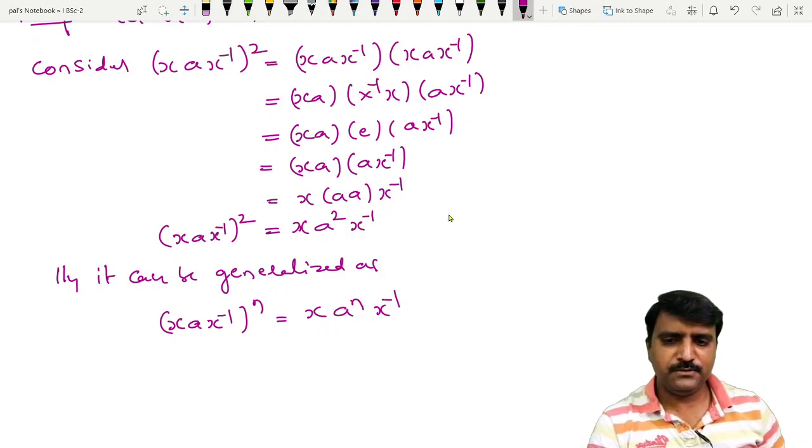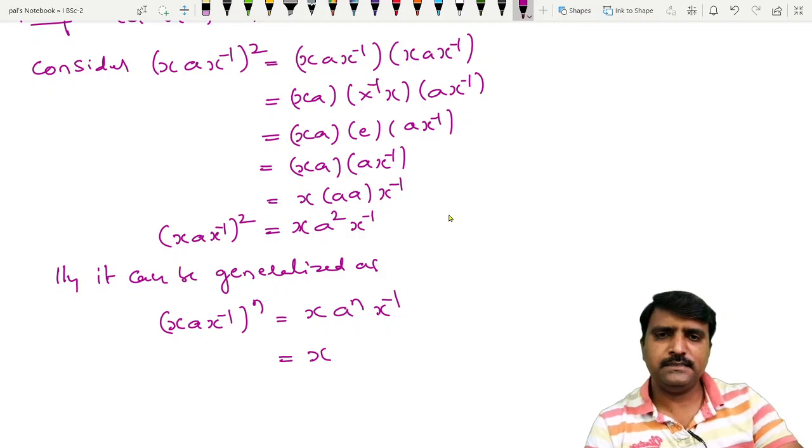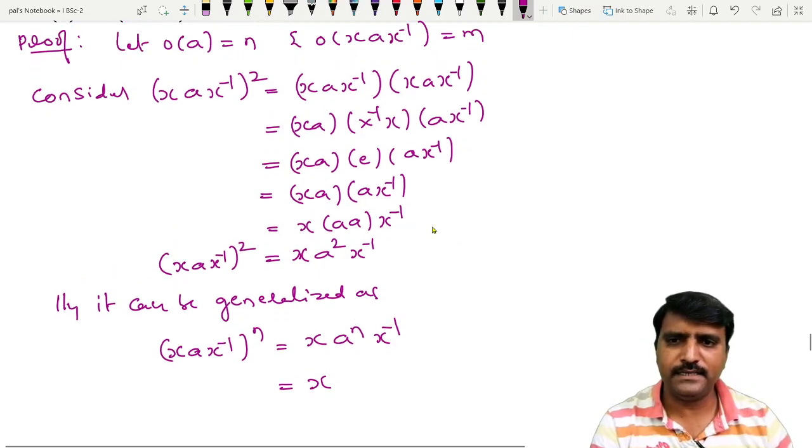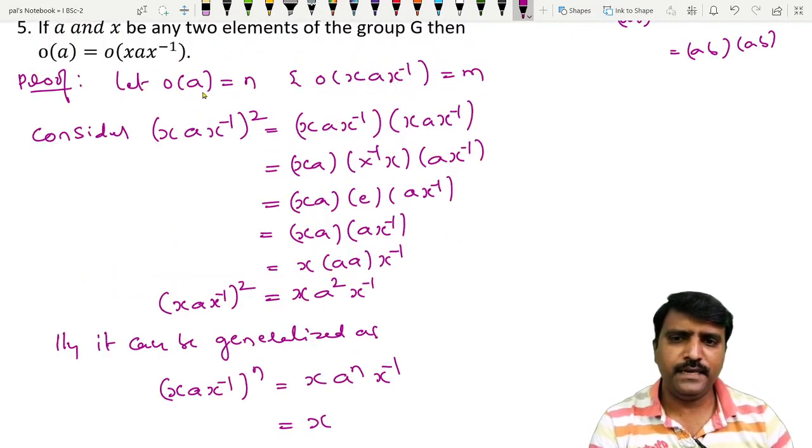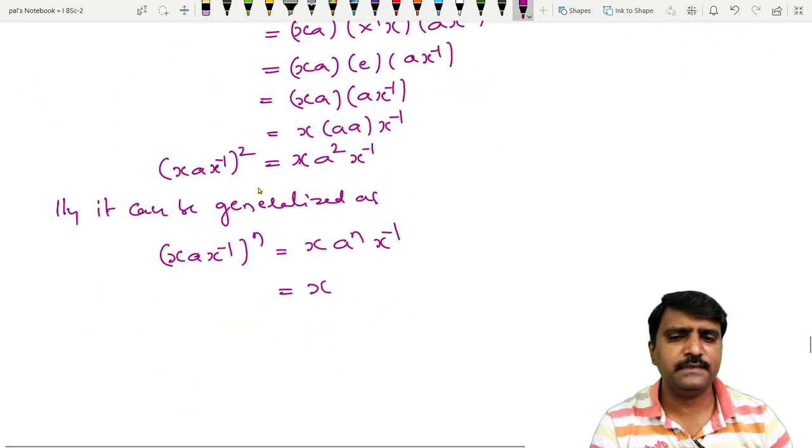As in the beginning we wrote, the order of a is equal to n. If the order of a is n, then what is a to the power of n? A to the power of n is e.